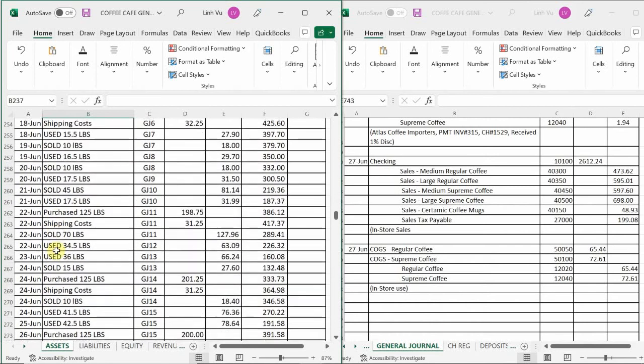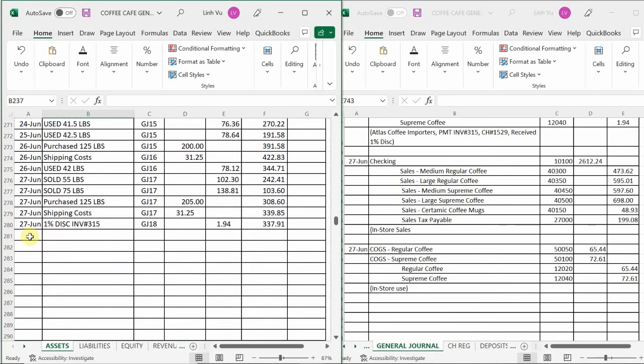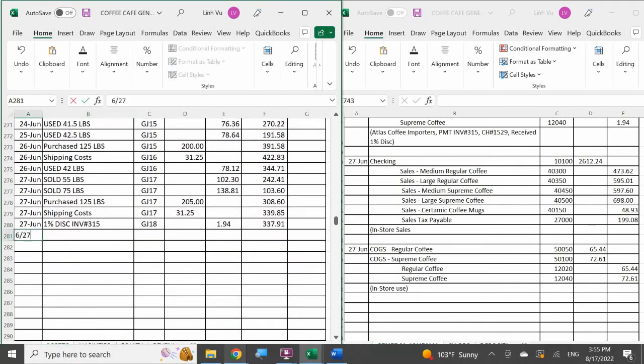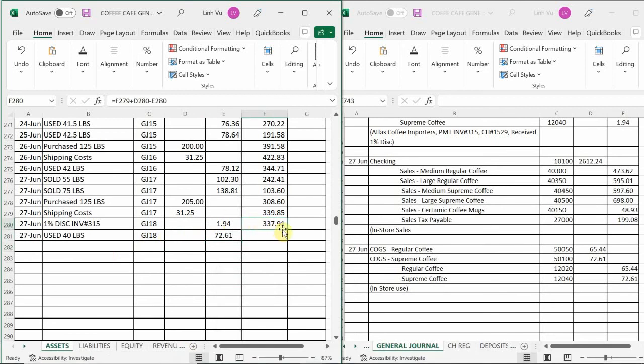And then on supreme, we used 40 pounds. Page 18, 72.61. $265.30. Okay, that looks right. Yeah, that's what we had on there.